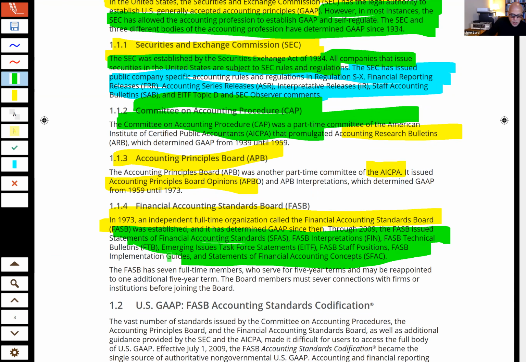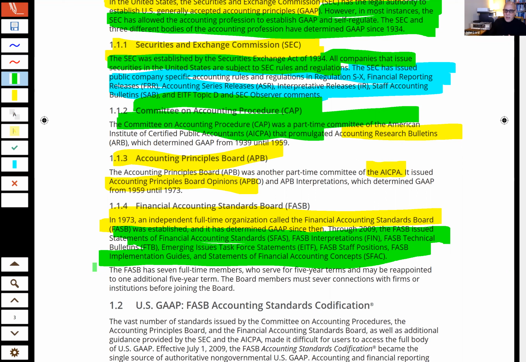I'm not so interested in the different standards that these entities created over time. In some cases, the accounting research bulletins created by the Committee on Accounting Procedure are still in place. For example, next time in Chapter 1, when we talk about accounting for long-term construction contracts, we're still following standards promulgated by the Committee on Accounting Procedure. I think it's Accounting Research Bulletin 43 where that information was originally contained.